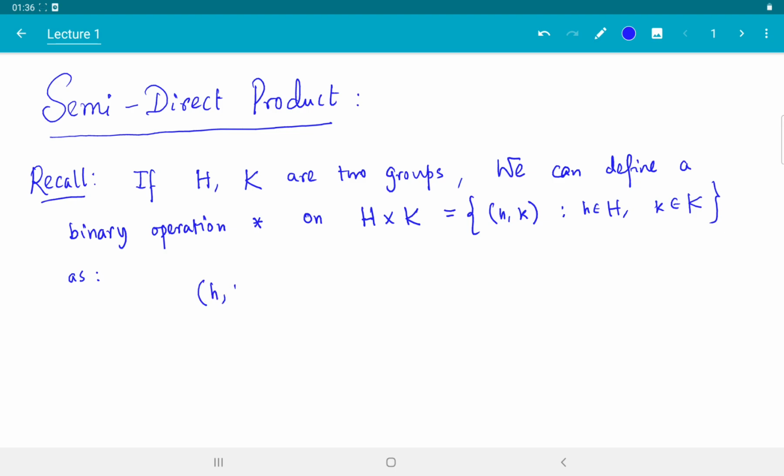How is it defined? We take two elements (h1, k1) star (h2, k2).